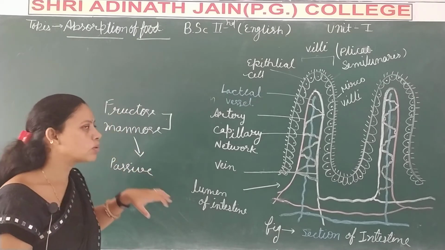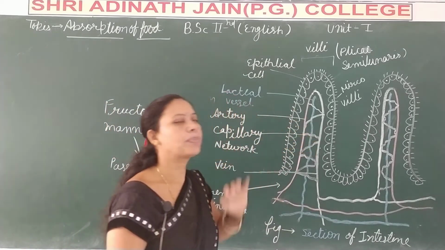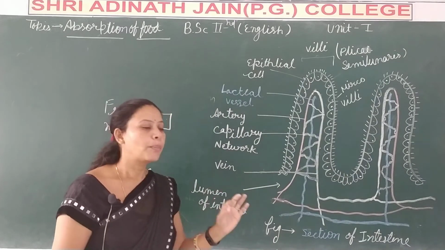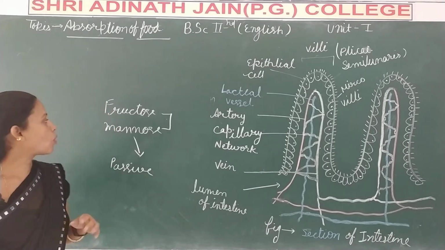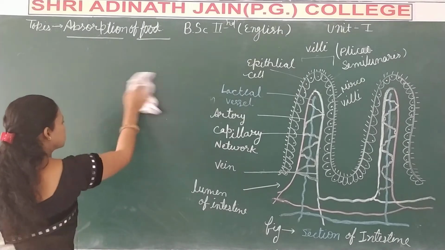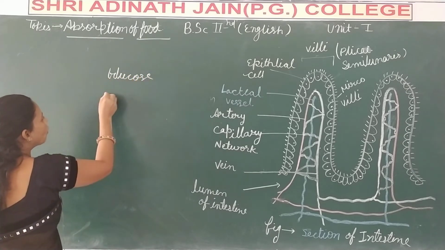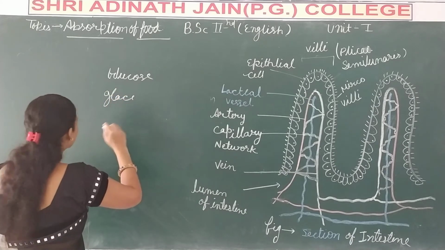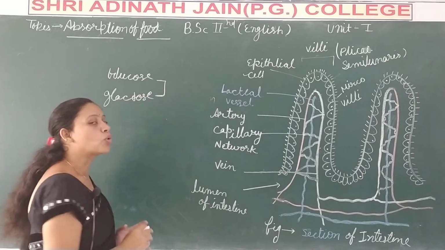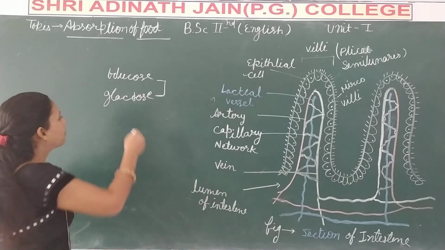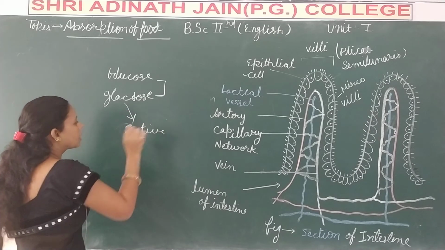So fructose and mannose, these carbohydrate products can be absorbed by the epithelium cell of the intestine by the process of passive transportation. But glucose and galactose, these two products are transported by the active transportation.